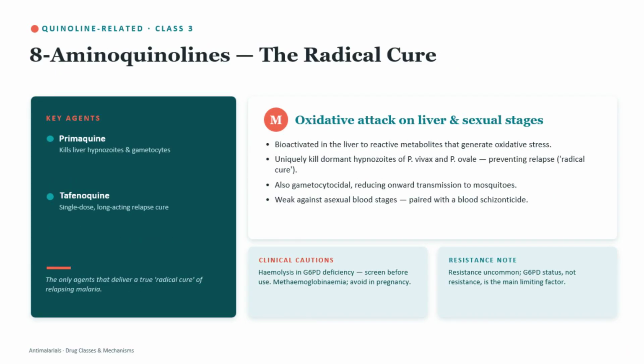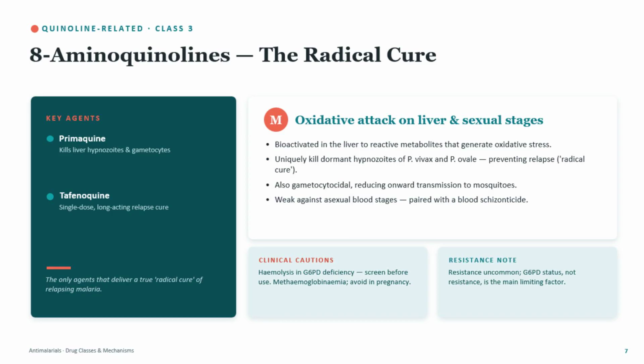Now let me get to a class I find genuinely special, the 8-aminoquinolines, primaquine and tafenoquine, because these deliver what we call the radical cure. Activated into oxidative metabolites, they uniquely kill the dormant liver hypnozoites of P. vivax and P. ovale, preventing relapse, and they are also gametocytocidal, so they cut transmission.